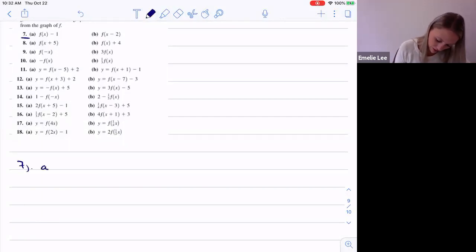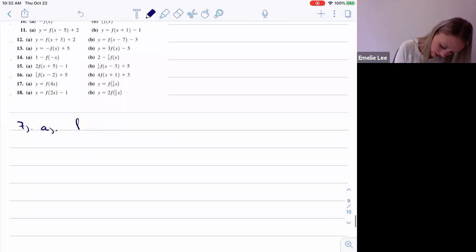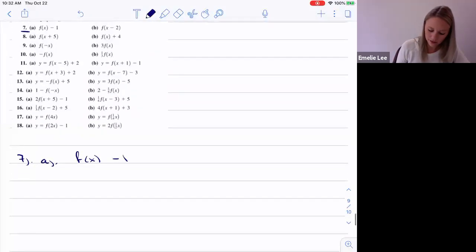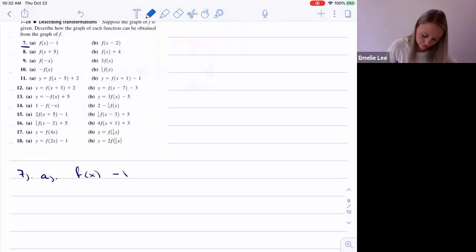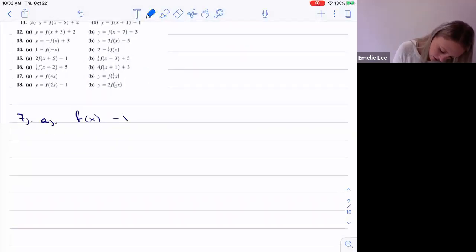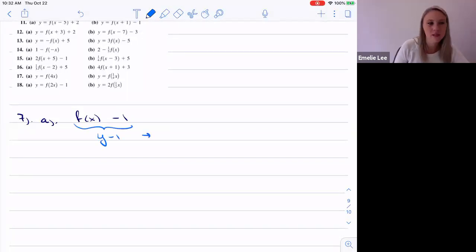Let's do 7a, for example, f of x minus 1. You'll want to have those notes that we just went through handy, because this looks like y minus 1. So it's going to be a downward shift in y.